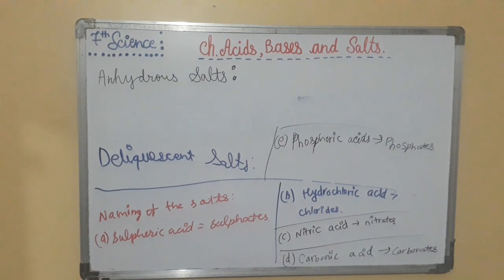Now we will learn uses of salts in daily life. There are many uses of salts in daily life. First is common salt. We use common salt in large amount as table salt.